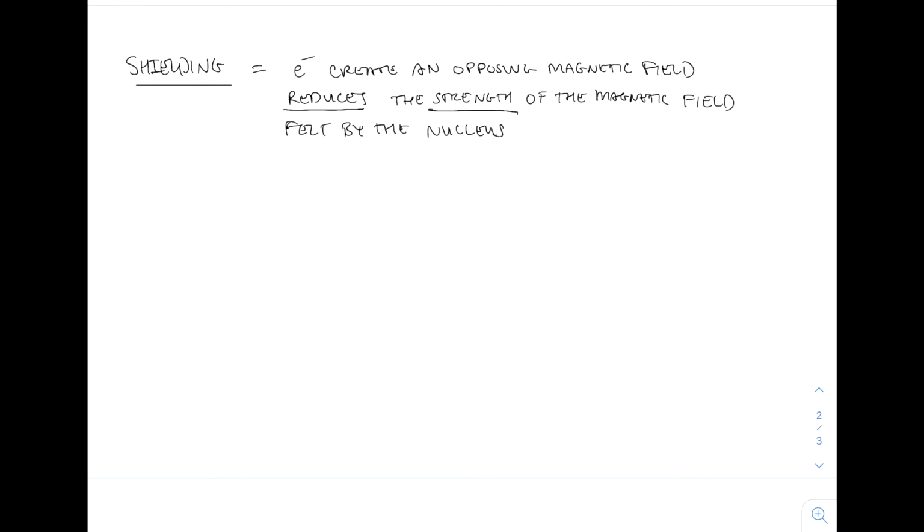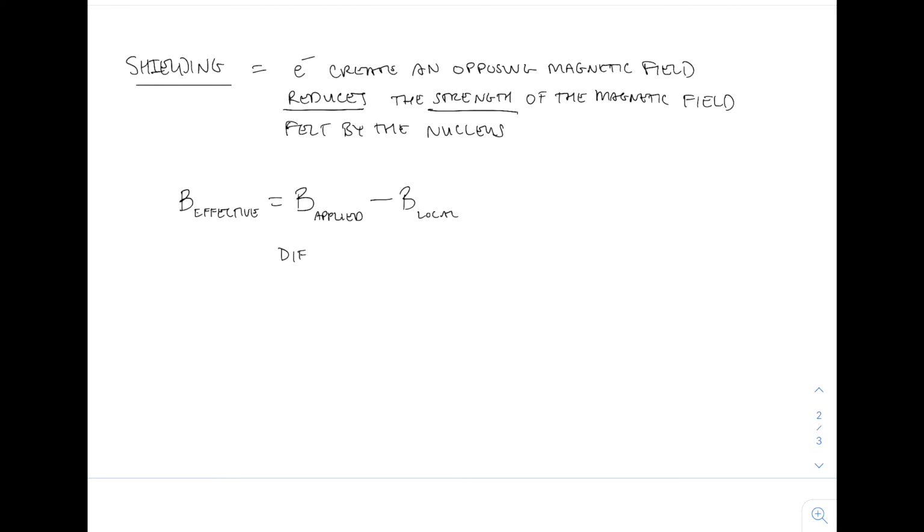So we have the idea of B effective: the effective magnetic field is equal to the B applied, the magnetic field applied, minus the magnetic field of the local environment.